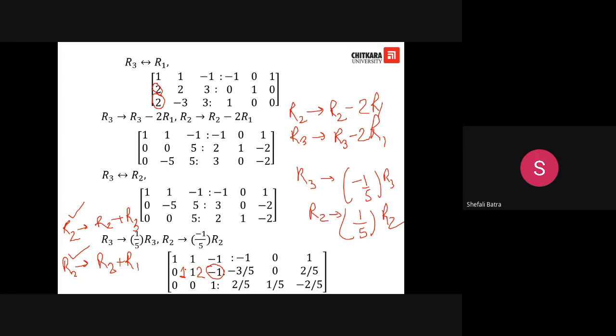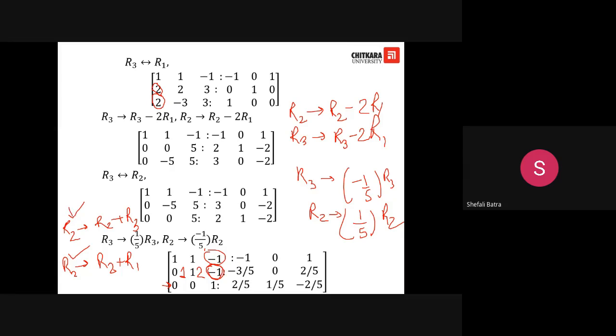Keep in mind, when you need to make this entry or this entry 0, when you are going upward making 0, always use this row R3 for making this entry as well as this entry 0. Why? When you use R3, because of these zeros, these entries remain the same, right?